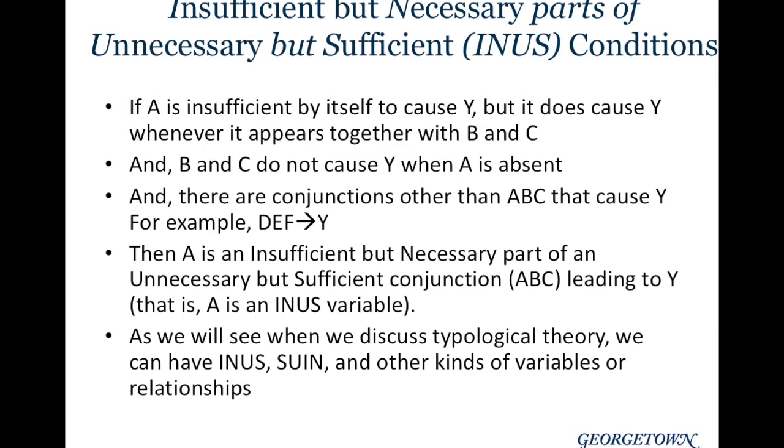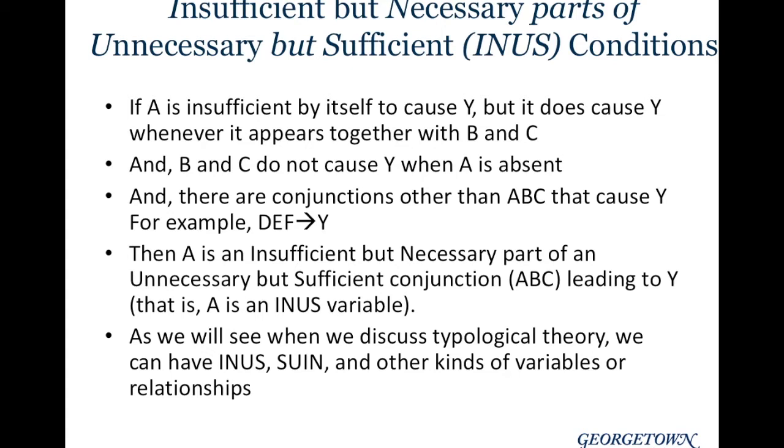So that means the conjunction, the combination ABC is not necessary for Y, but again, ABC is sufficient for Y. Okay, so A is insufficient for Y. It's a necessary part of a conjunction of three variables, ABC, that causes Y, but that conjunction ABC is unnecessary for Y, but ABC is sufficient for Y because every time we get ABC, we get Y, right? So A is an INUS variable, insufficient but necessary part of an unnecessary but sufficient condition.